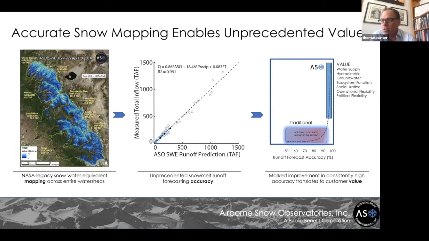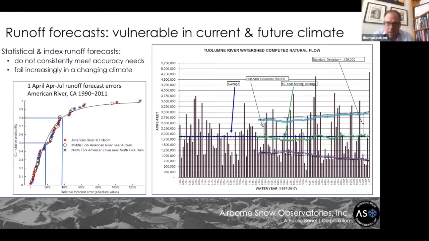Whereas with the ASO measurements, having that very tight knowledge of the snowpack, in particular in these snow-dominated systems, is absolutely critical to getting much higher accuracy, as well as running up this nonlinear value curve. So let me move ahead.